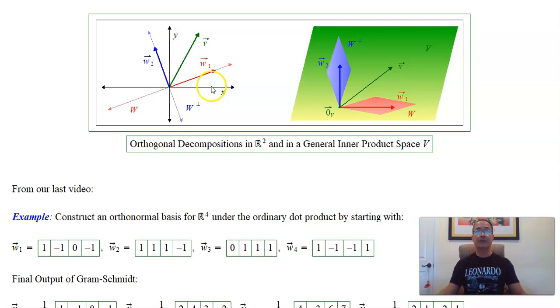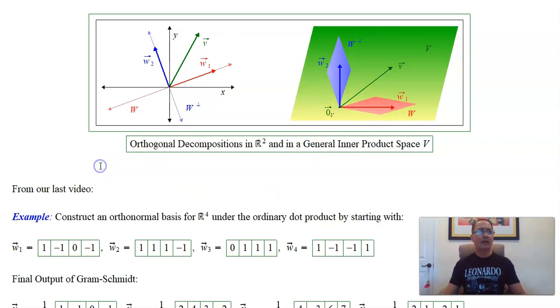That's your orthogonal decomposition. Here's the generalization, where you have an ambient space which doesn't have to be Rn, and you have a subspace and its orthogonal complement.